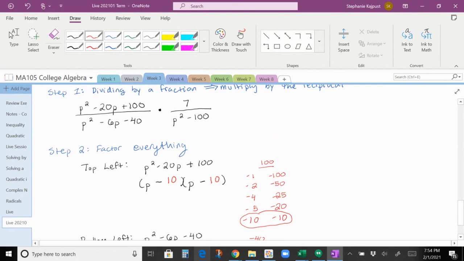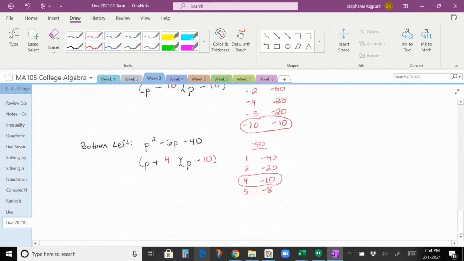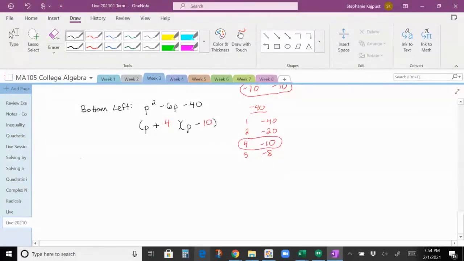So now we want to factor the bottom right, p squared minus 100. This is one of those special ones that you want to learn the shortcuts for, where you have just two terms.